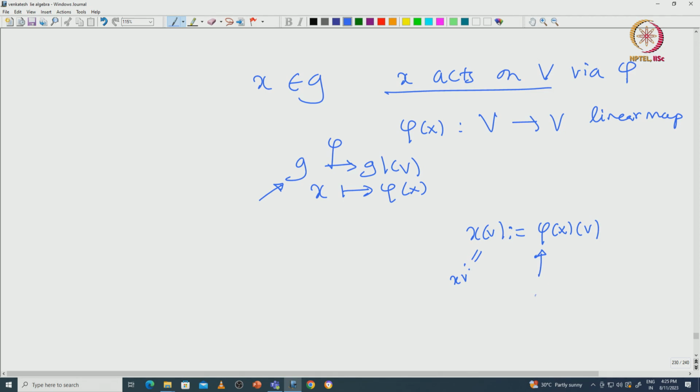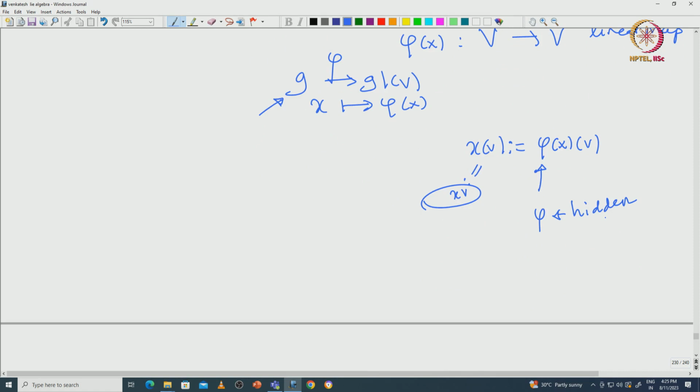This phi will always be hidden. So, we write xv to denote the action of x on v. It should be understood that whenever we write x acting on v, it means there is a representation playing that role. If you are not comfortable with this notation in the beginning, better you use phi of x of v every time. That is actually better.